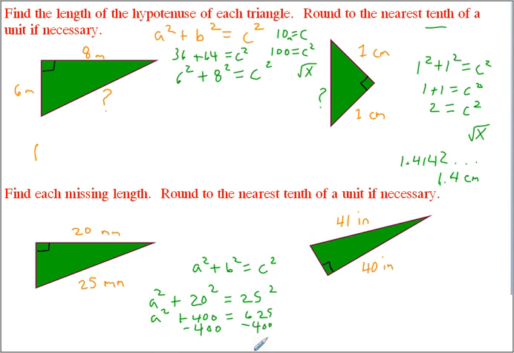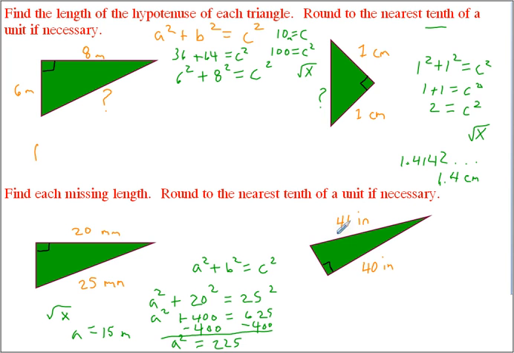What do I end up with? I end up with A squared is equal to 225. So now I use the square root button. I put in 225, and I end up with A is equal to 15 millimeters.